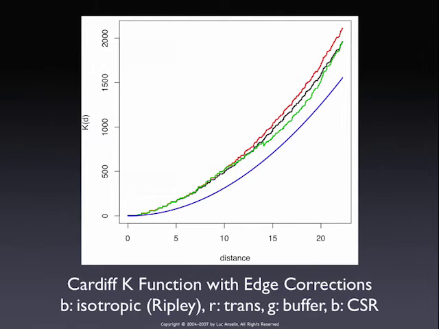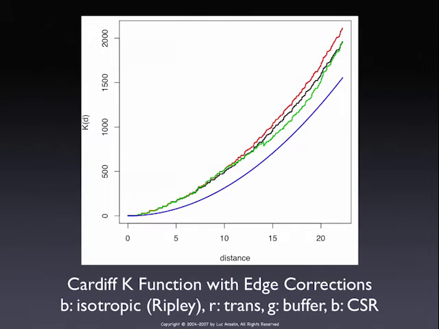The one that I just talked about is using the circle idea. So it's basically you take the share of the circle that is inside the box versus the total circle. The green one is using the buffer zone. So it's the same idea. You shrink the actual data set and keep a buffer at the edge.